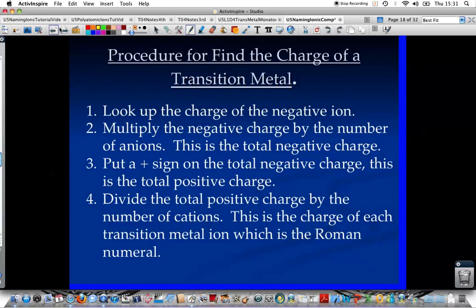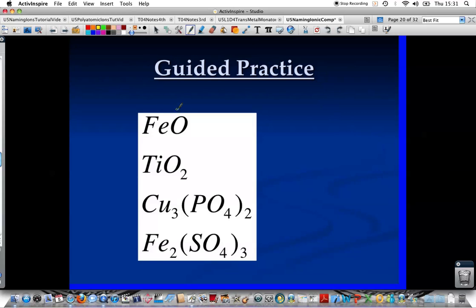So I know that the total is going to be -2. So the total on this side has to be +2. And so the individual here has to be +2 as well. So this is going to be iron(II) oxide.